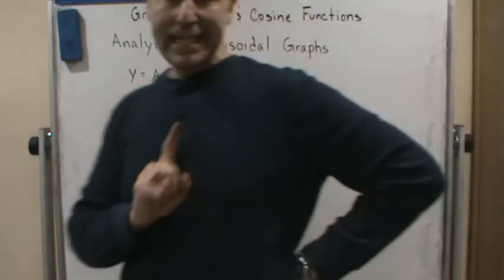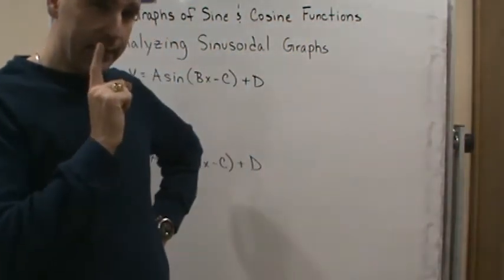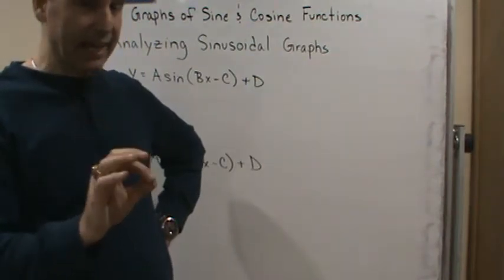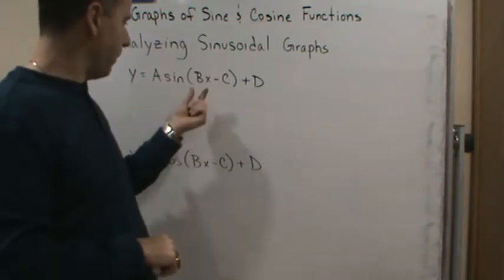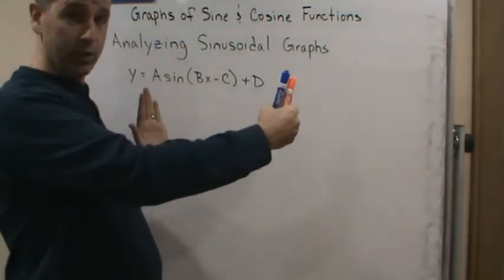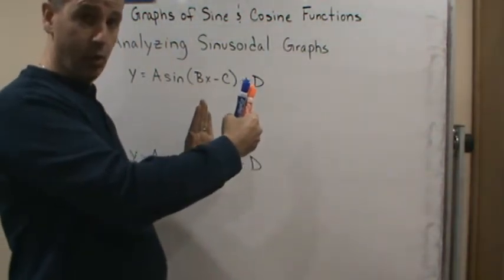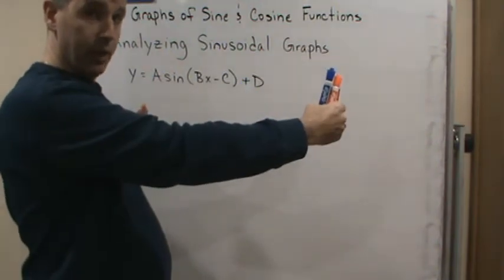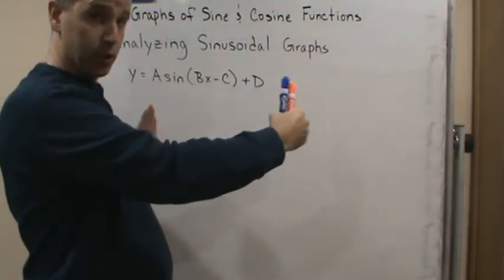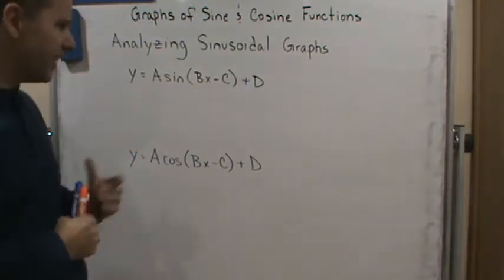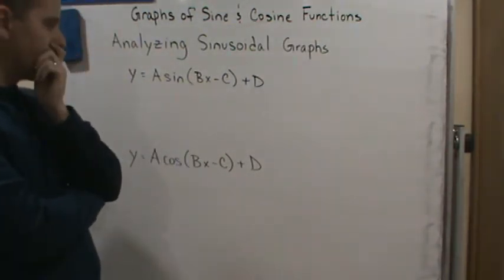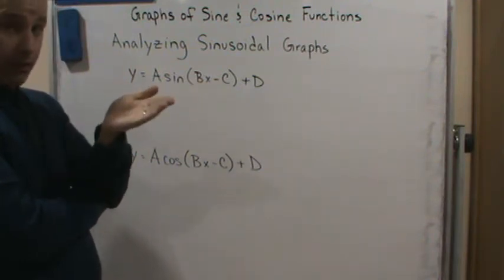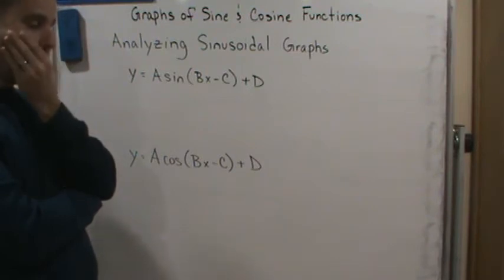But if b is not 1, then it's not exactly just looking at c. Because remember, b affects whether it's a horizontal compression or expansion, or stretch. So that's going to affect the way the graph shifts. Okay?